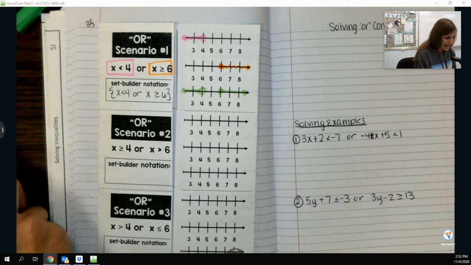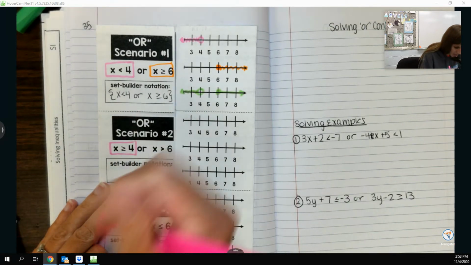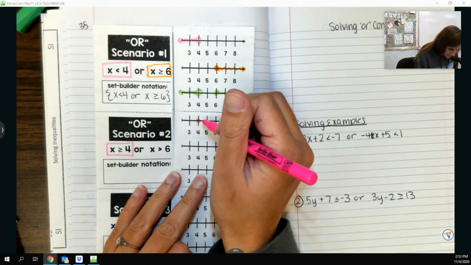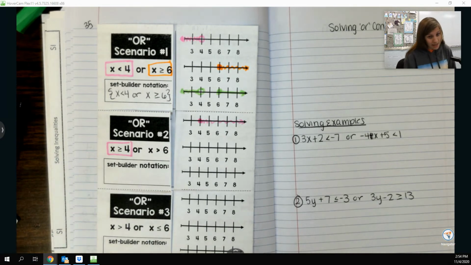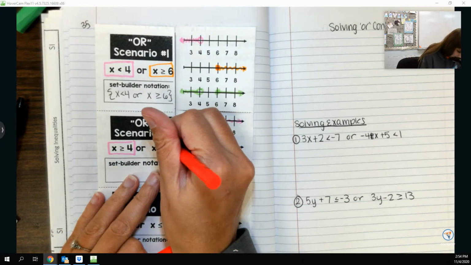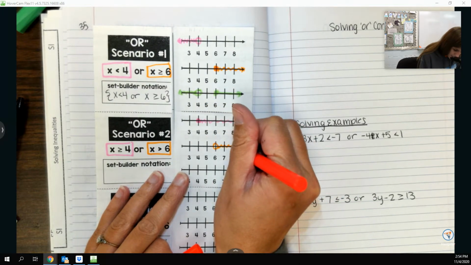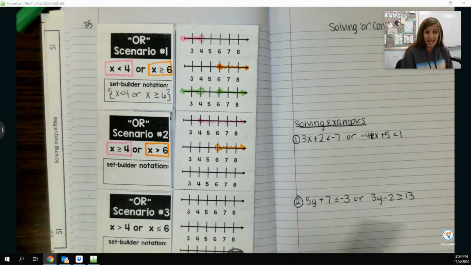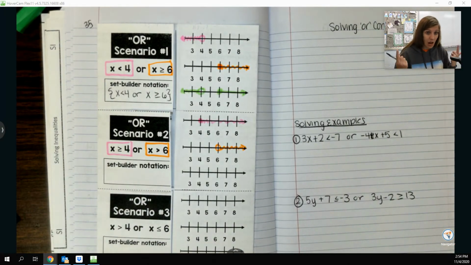Another scenario that we can have is like this one here. X is greater than or equal to 4. So equal to means it can be filled in, and it's greater than that. Or X is greater than 6. And so again, it's kind of like our "and", where they're going in the same direction. But I can be both, like it's cool. So if I take this graph and put it on that one, I can have all of the things all at once.